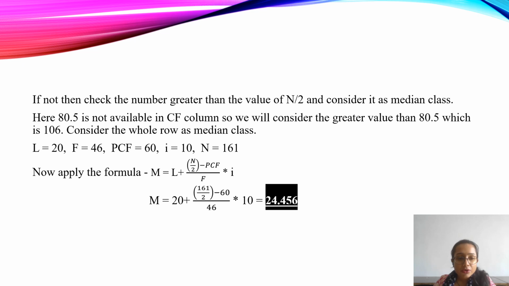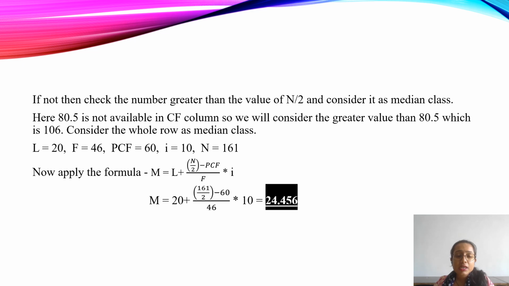If not, then check the number just greater than the value of n by 2 and consider it as the median class. I have already highlighted the row which is the median class. Now, L is the lower limit of the median class, which is 20. F is the frequency of the median class, that is 46.